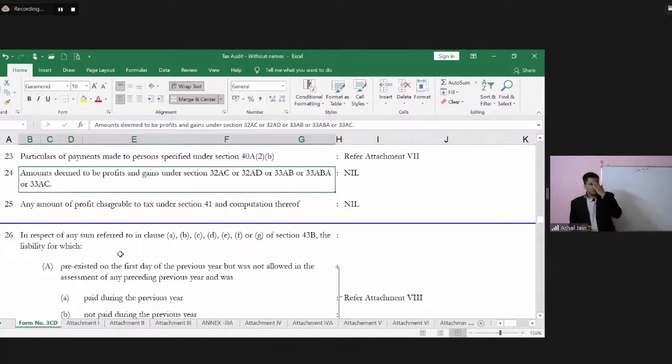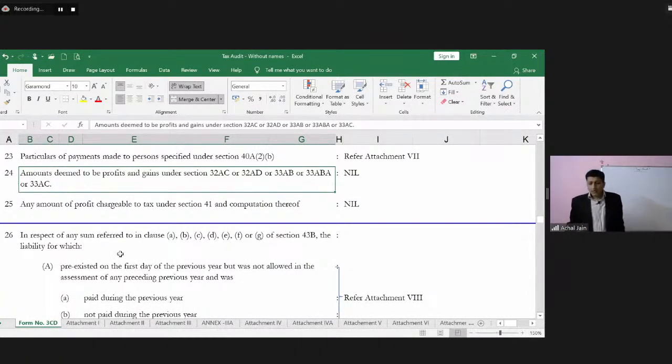When the auditor reviews all of these incomes which are captured in the P&L of the entity, the auditor can get into the details of the income, the nature of that transaction, and then assess whether that will fall under section 41 of the Income Tax Act or not. If that falls under section 41, then it will get captured over here and its computation will come. If that doesn't fall under section 41, then it's there in the P&L, it's there in the income, but it will not be reported over here.